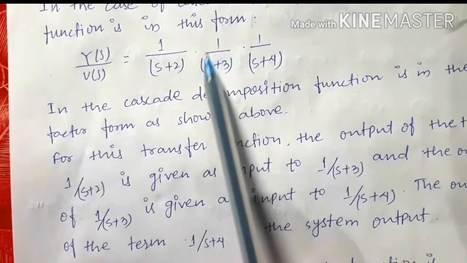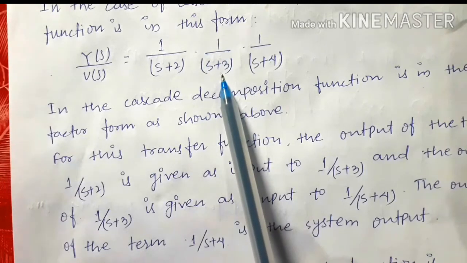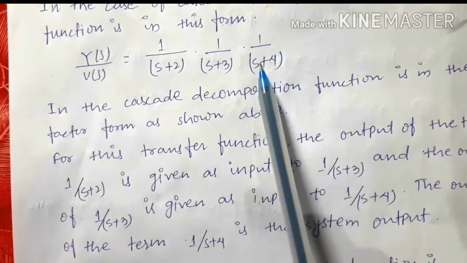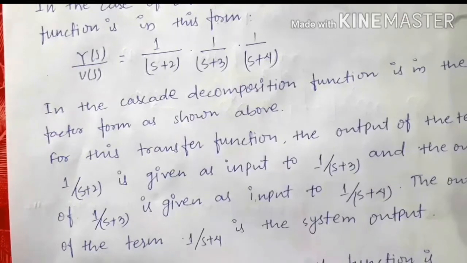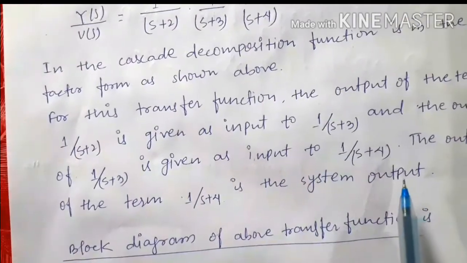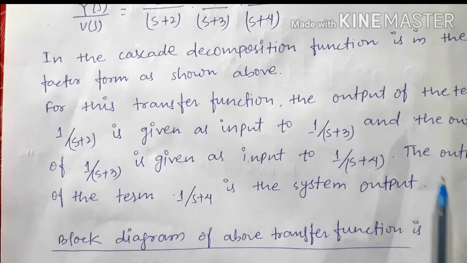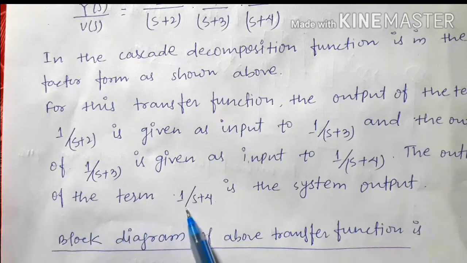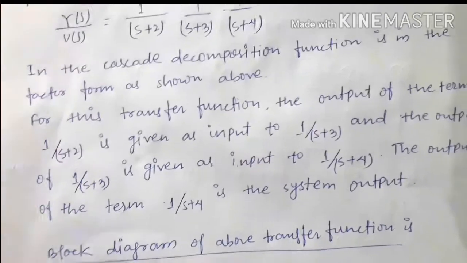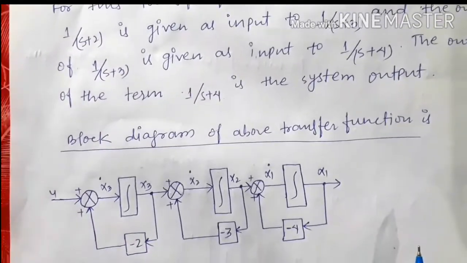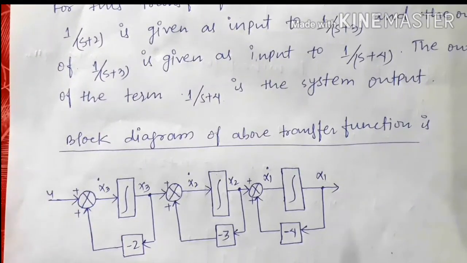Means output of this 1/(s+3) is input to the 1/(s+4). Okay, and the output of the term 1/(s+4) is the system output. This is the block diagram of the given transfer function.